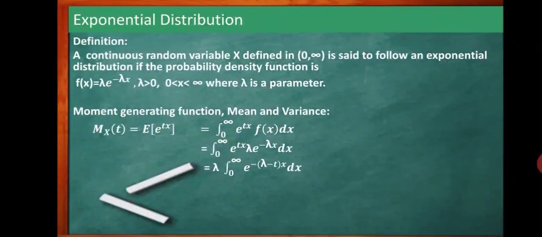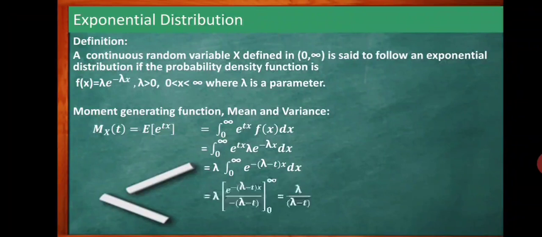Before that take the lambda outside, because it is a constant we take it outside. Now combine this e power tx into e power minus lambda x, bases are same, so you can add the powers, we get e power minus of lambda minus t of x into dx.